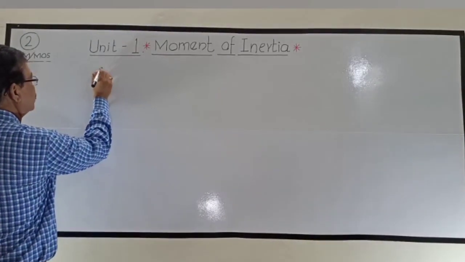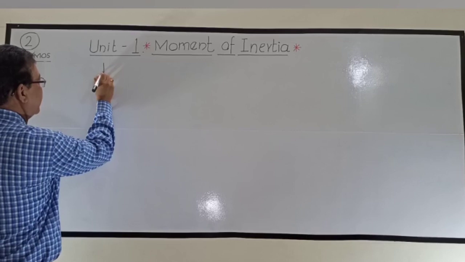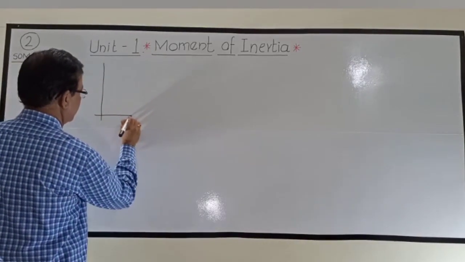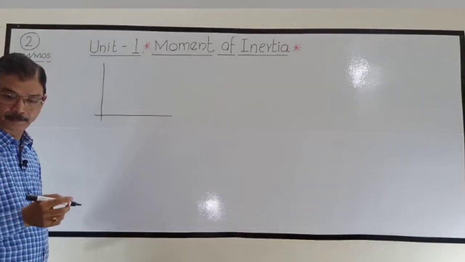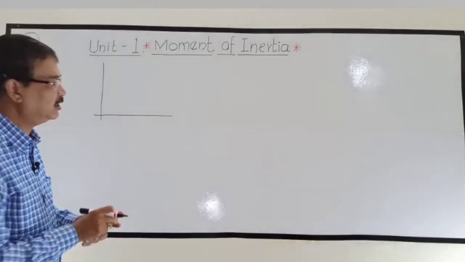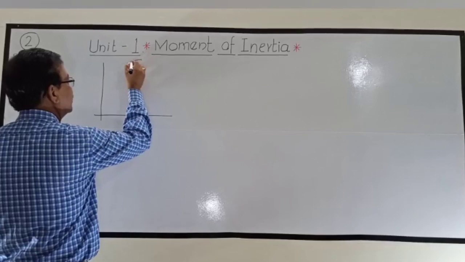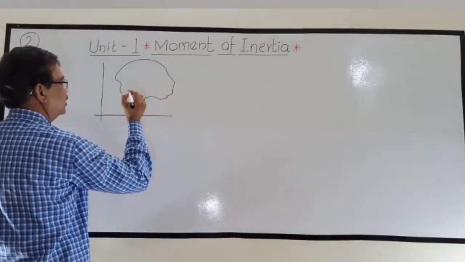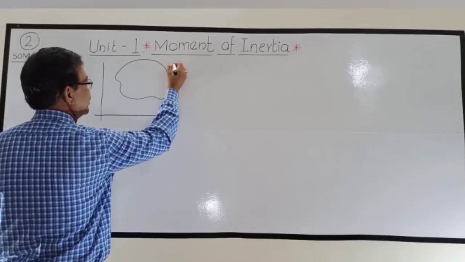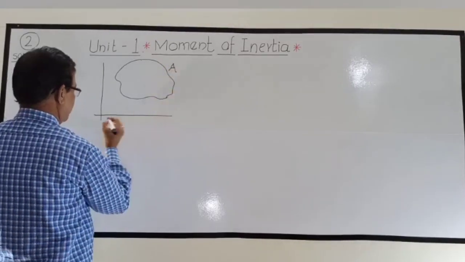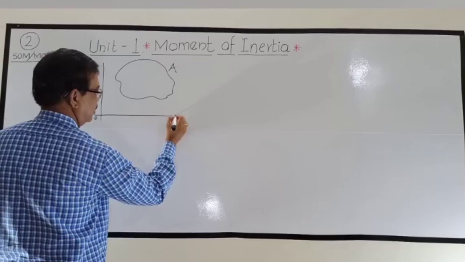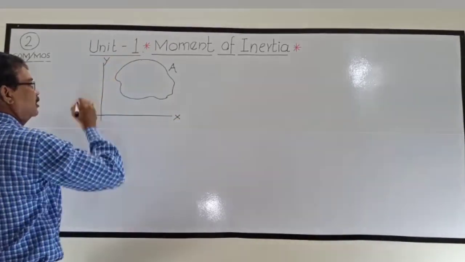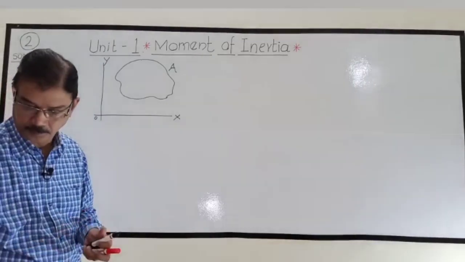Now in first year in applied mechanics, we have studied the centroid of an area. Let us say this is area A. This is the reference x-axis. This is the reference y-axis.